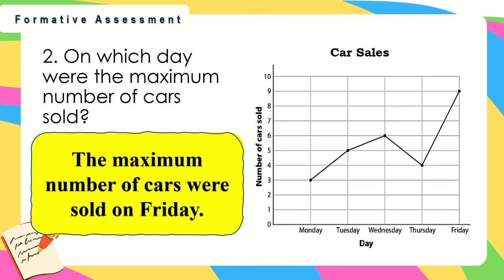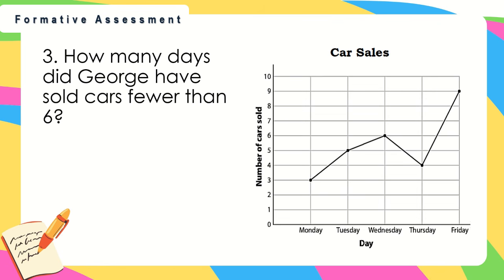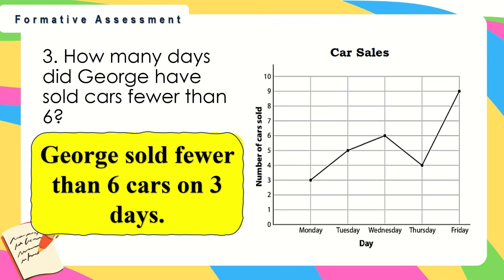The maximum number of cars were sold on Friday. How many days did George have sold cars fewer than 6? You're right. George sold fewer than 6 cars on 3 days.